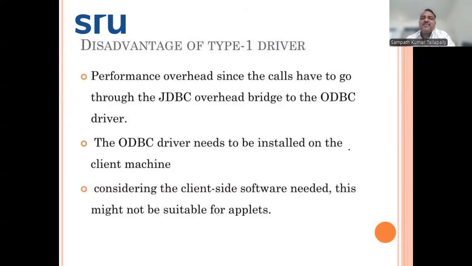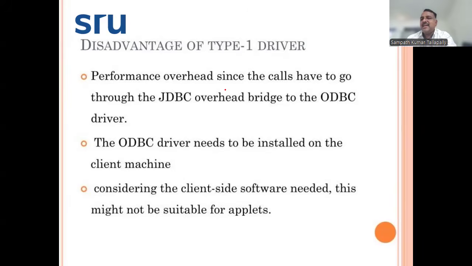The disadvantage of your type 1 driver is that it becomes slow. Whenever I convert my JDBC to ODBC to your databases, it is a bit slow. It means that there need to be some sort of conversions or typecasting from Java to JDBC, from JDBC to ODBC, and then that instruction has to be executed on the engine.